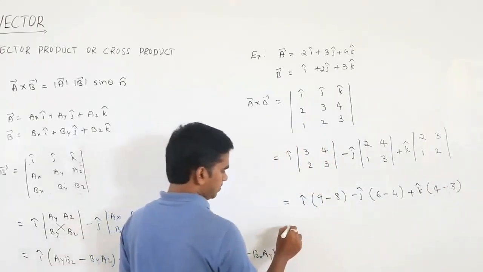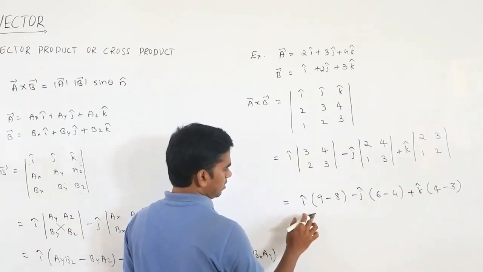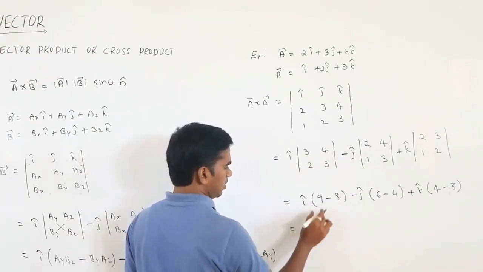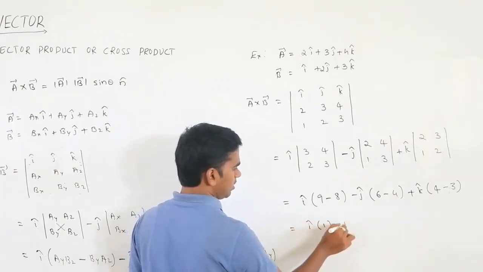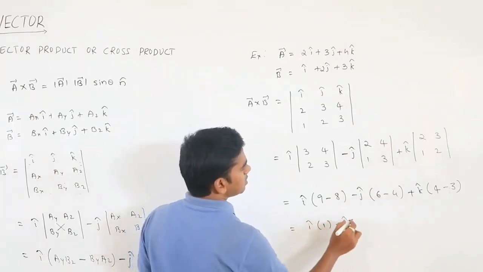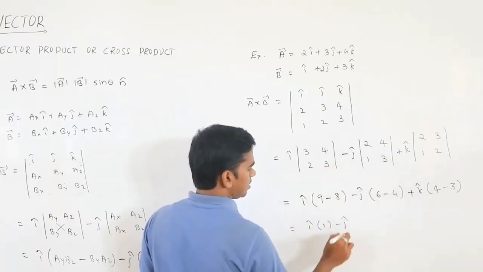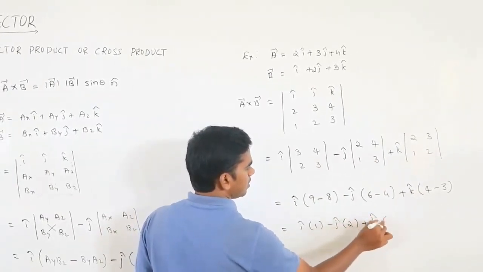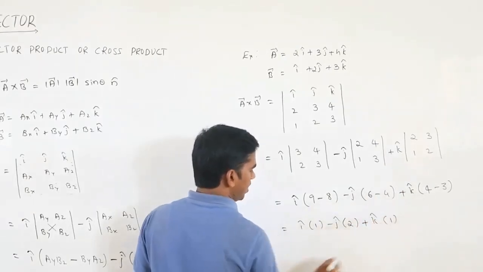So next, this is 9 minus 8, which is going to be 1, minus j cap. 6 minus 4 is going to be 2, plus k cap into 4 minus 3, which is again 1.